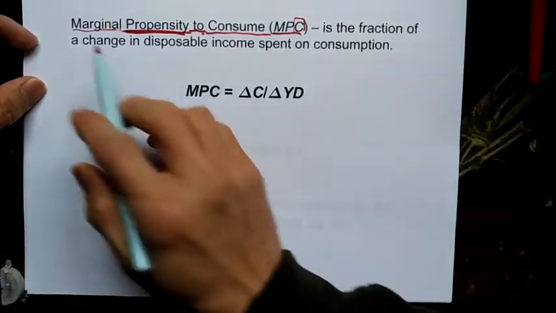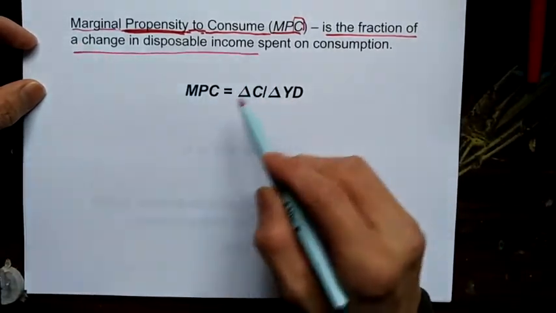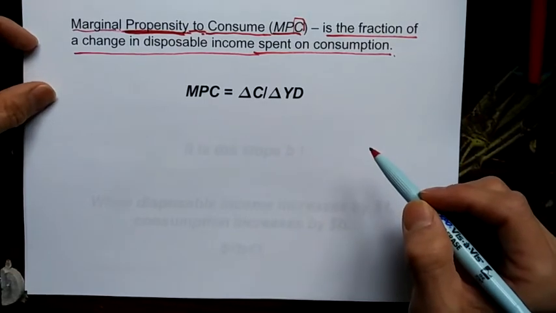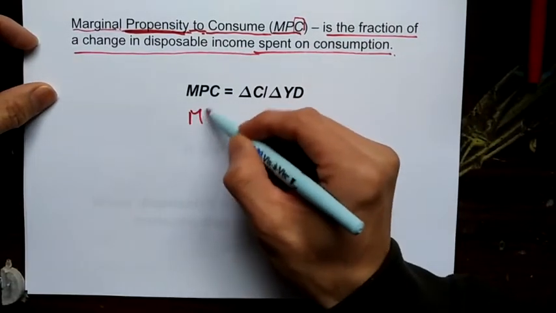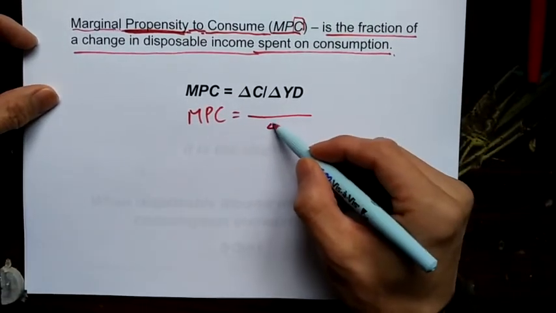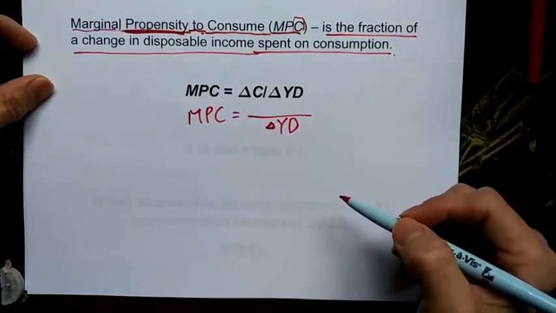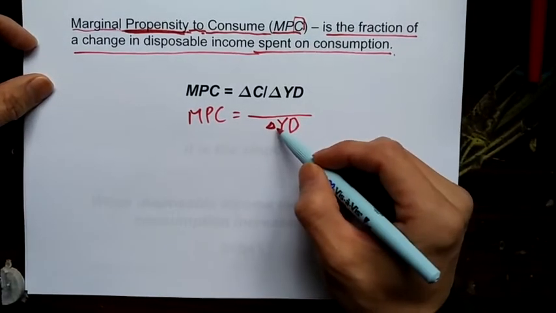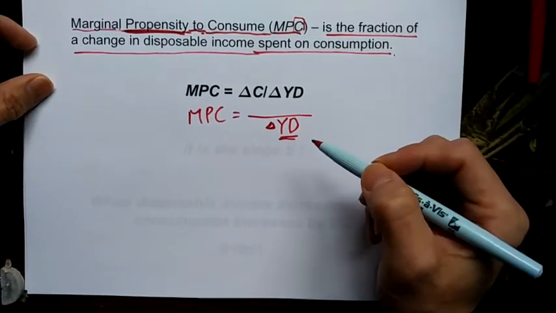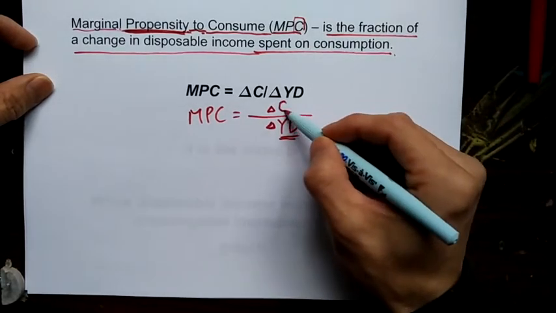So again, marginal propensity to consume is the fraction of a change in disposable income that is spent on consumption. Therefore, if I give you more, the change in disposable income, how much of this extra disposable income are you going to use in consumption?